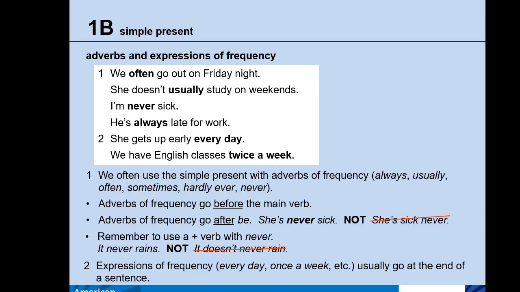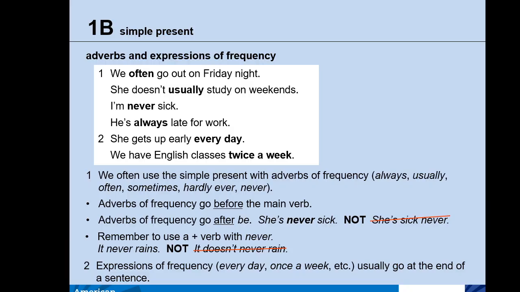And also that the adverbs never and the expression or the adverb as well, hardly ever, can't be used with a negative sentence or in a negative form. So it will be useful to place a negative sentence like this one here with the adverb never, because the adverb never already has a negative connotation.